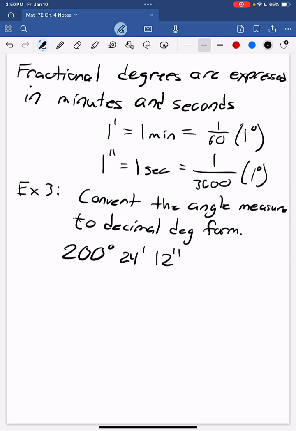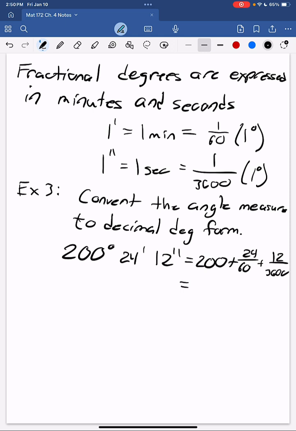So this is 200 plus 24 over 60 plus 12 over 3,600, because 24 minutes would be 24 over 60, and 12 seconds would be 12 over 3,600.